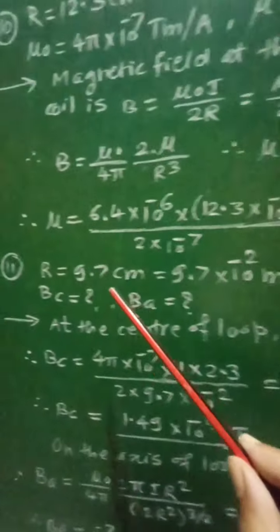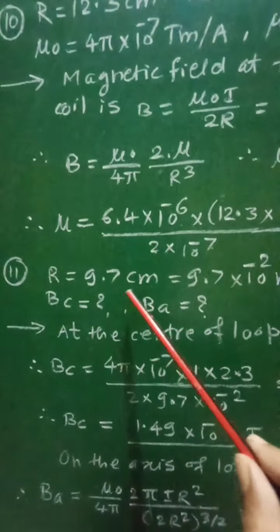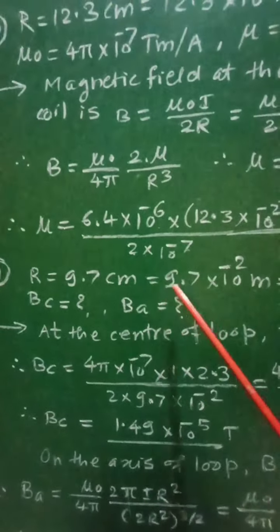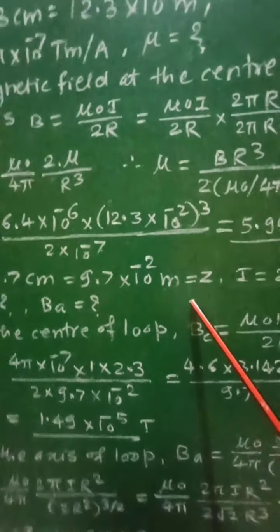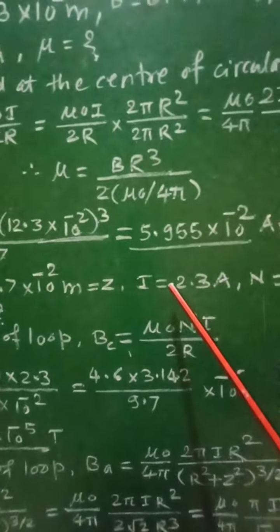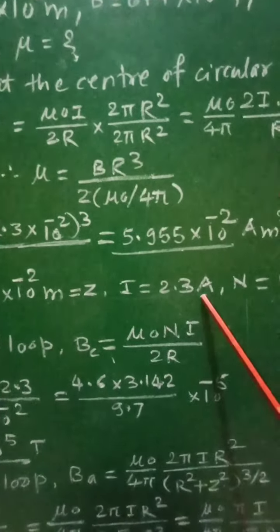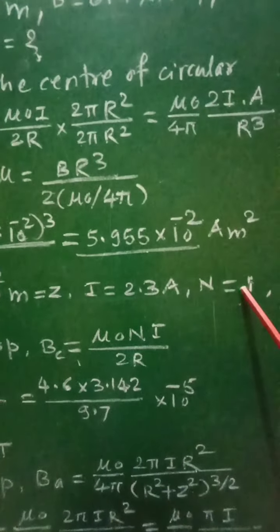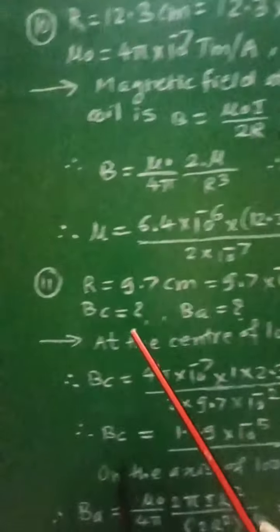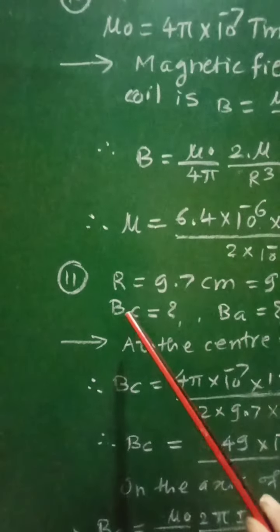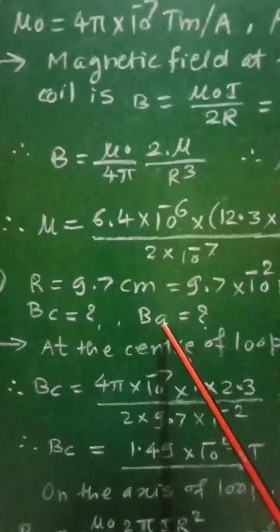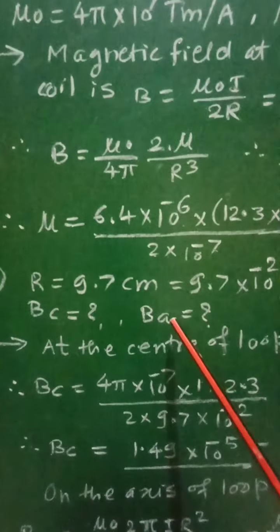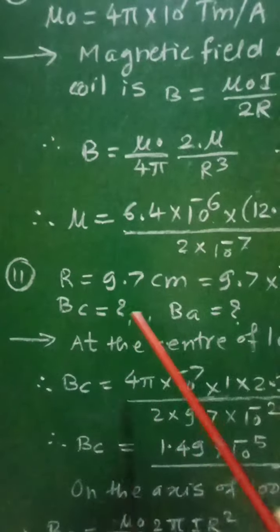So here Z and R both are having values 9.7 centimeter, that is 9.7 into 10 raised to minus 2 meter. Then current I is equal to 2.3 ampere, number of turns N is equal to 1, and we have to find out the magnetic field at the center as well as the magnetic field at the axis, that is BC and BA.